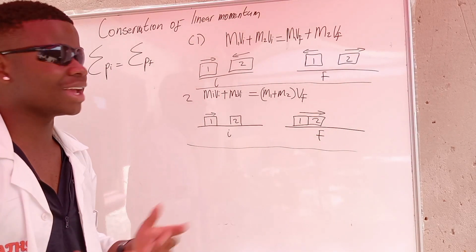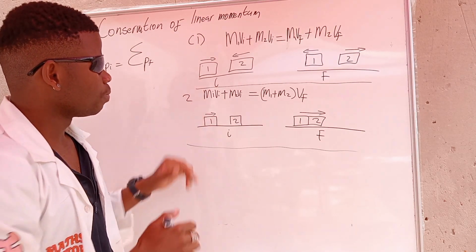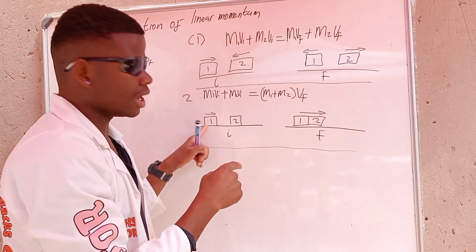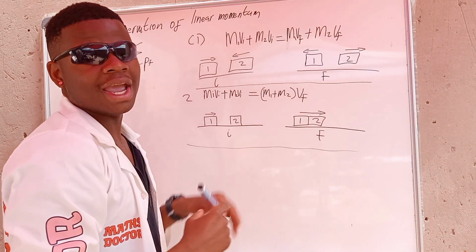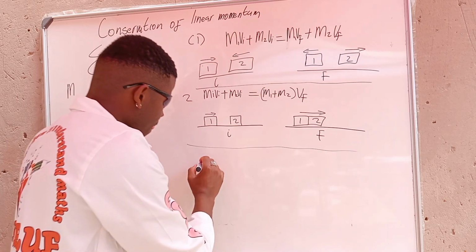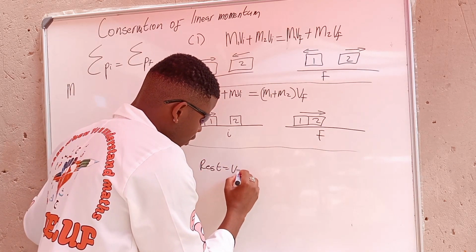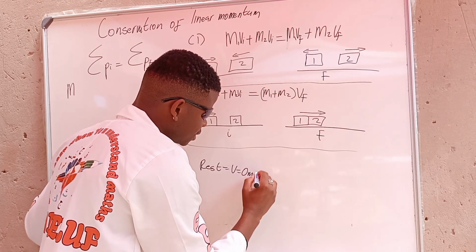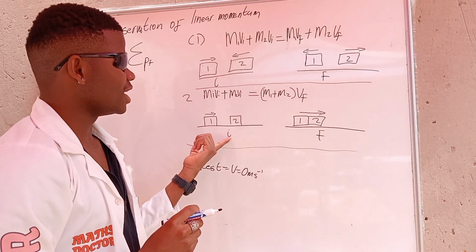And this is number two. In scenario number two, object 1 is accelerating to our right, and object 2 is resting. When object 2 is resting, its velocity is 0 meters per second. This is the initial velocity.